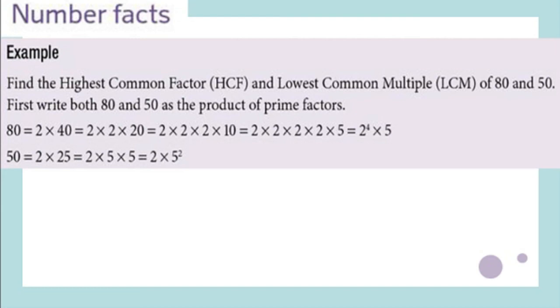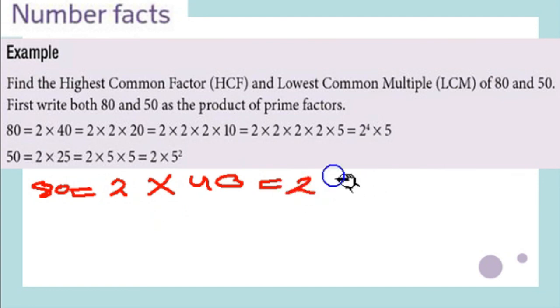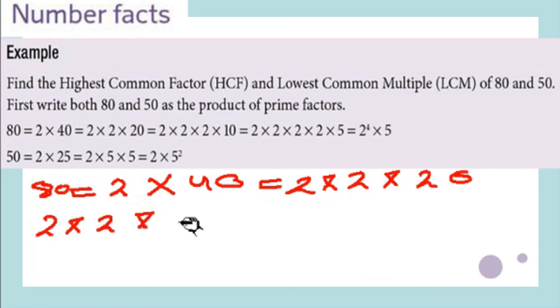We have the HCF and the LCF, the lowest common factor and the highest common factor. So what can I do, guys? Let's look at 80. 80 equals 2 by 40. Do you know? We can say that this 40 is 2 by 2 by 20. 2 by 20 equals 40. And this 20 is 2 by 2 by 2 by 10.